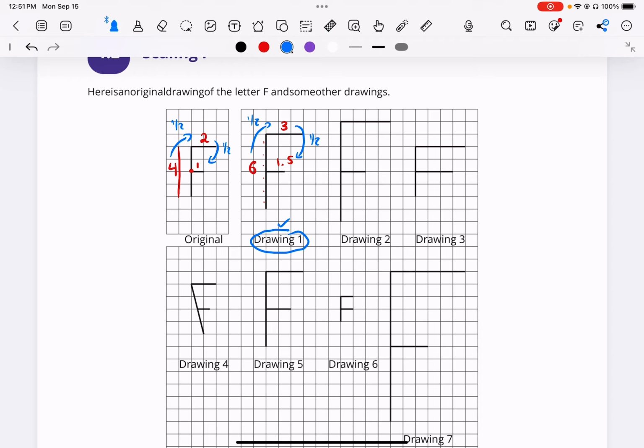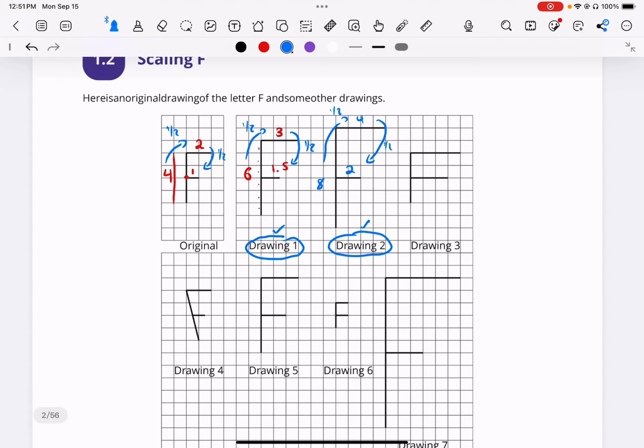For drawing 2, it goes 8 up, the top part is 4, the bottom line is 2. So same pattern, half of 8 is 4, half of 4 is 2. So drawing 2 is a scaled copy.